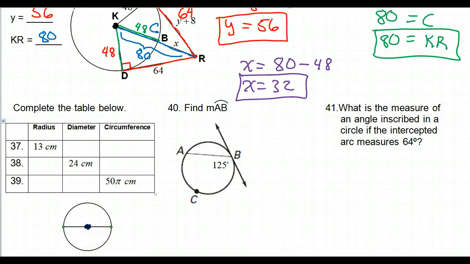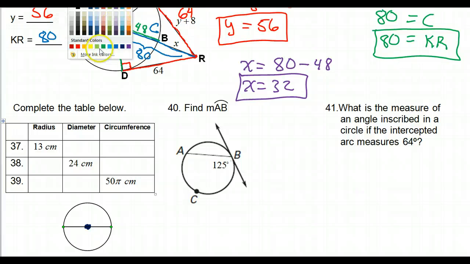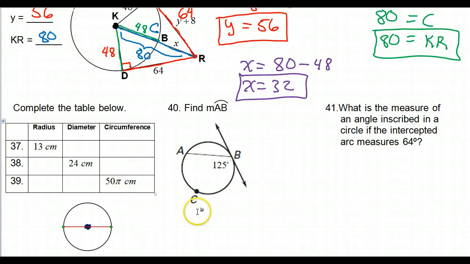Okay, so this is the diameter. Let's go ahead and make it red. All right, that's the diameter. Now, if that's the diameter, then this is the radius. So the radius is from here to here, and then the diameter is the whole thing.